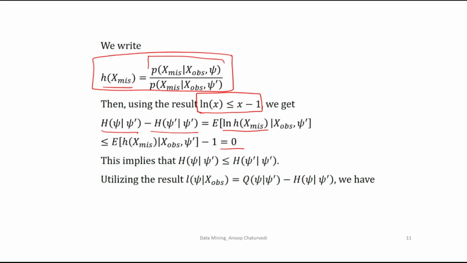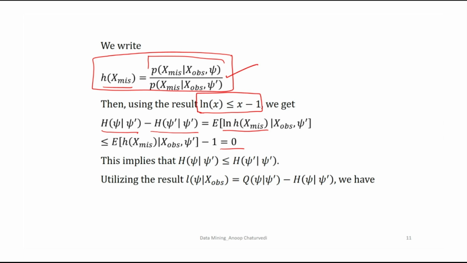because the expectation of H(x missing) given psi dash is equal to 1. See from here, for given psi dash, the expectation of this quantity is equal to 1.